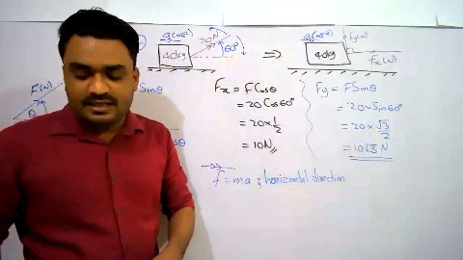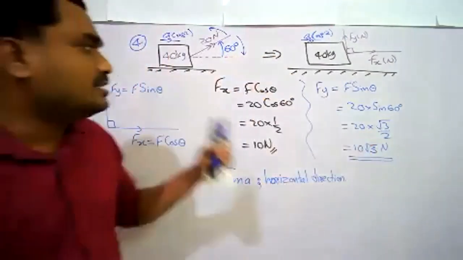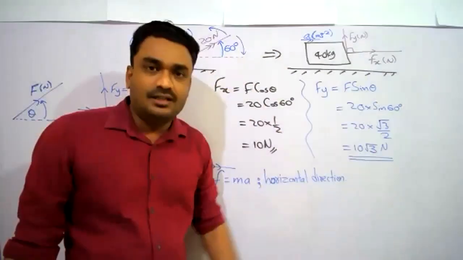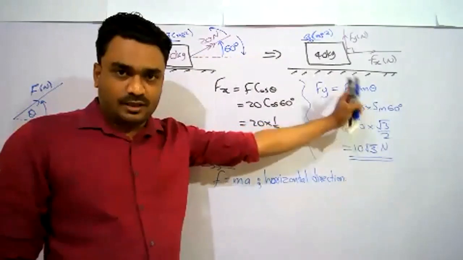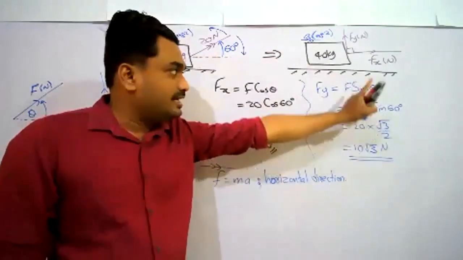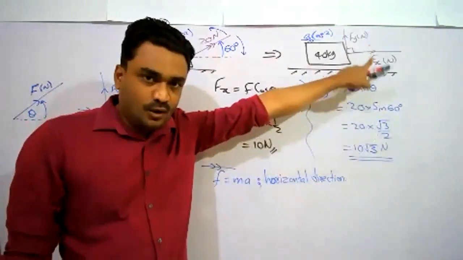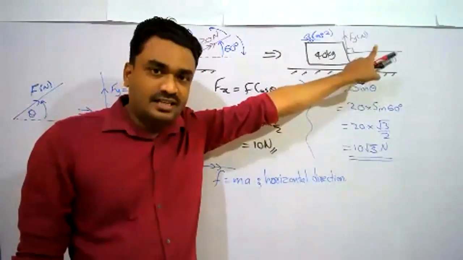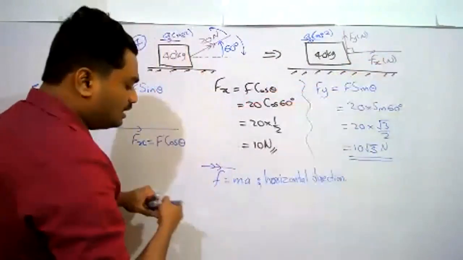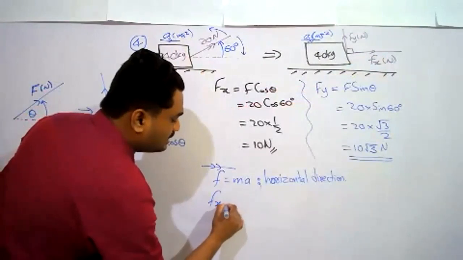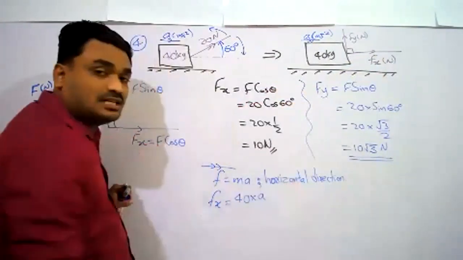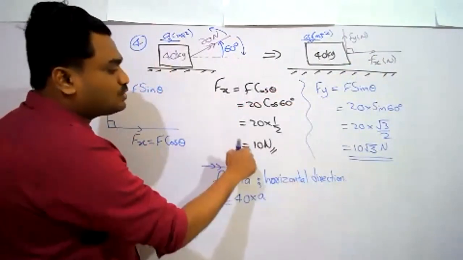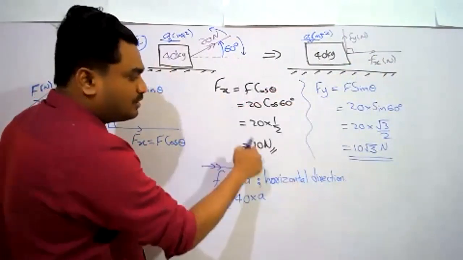Once we specify a direction, we should use the things along that direction only. The only force acting along the horizontal direction is Fx. So the horizontal force is Fx, mass is 40, and we don't know the acceleration. Fx was found as 10.